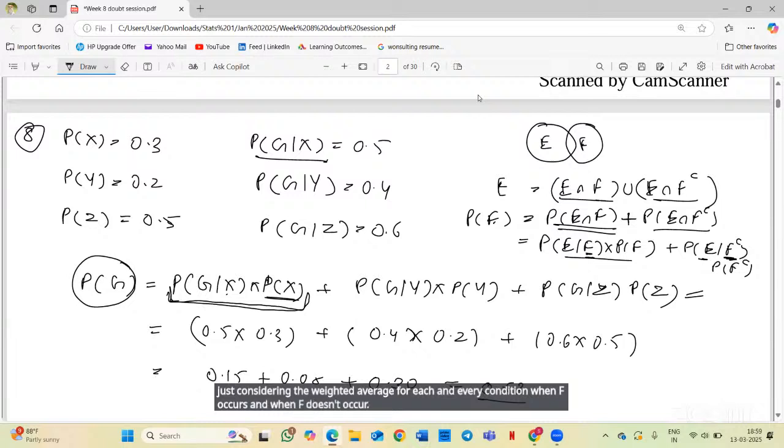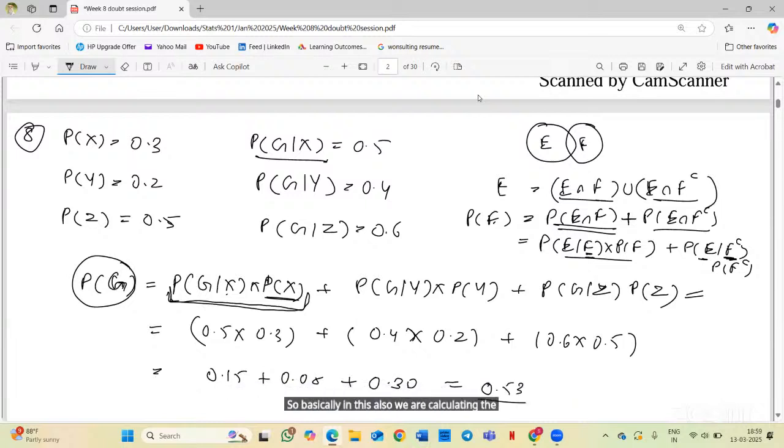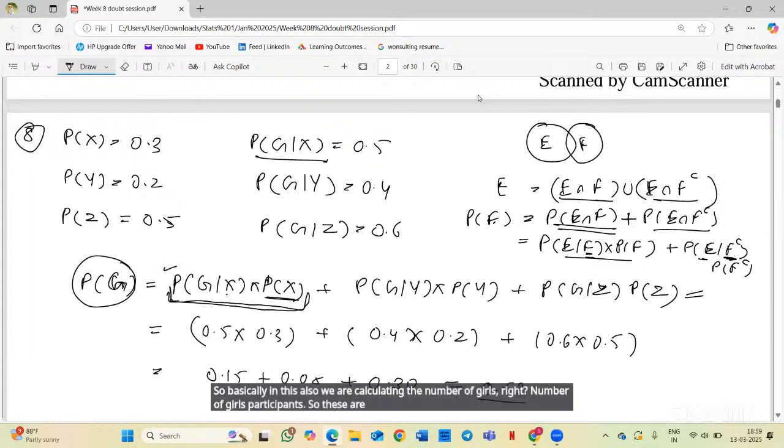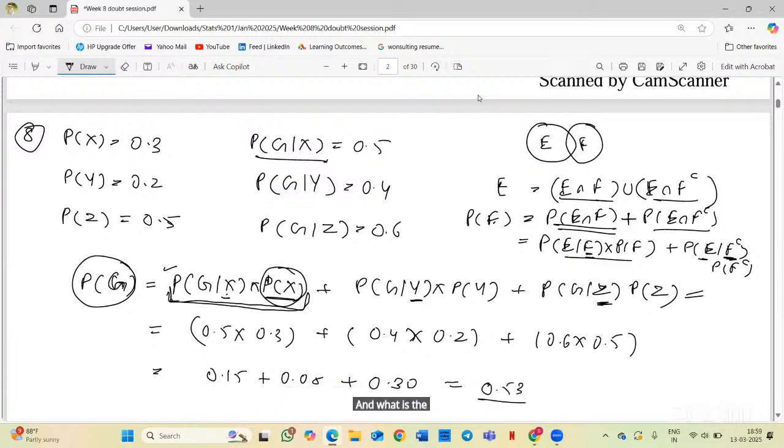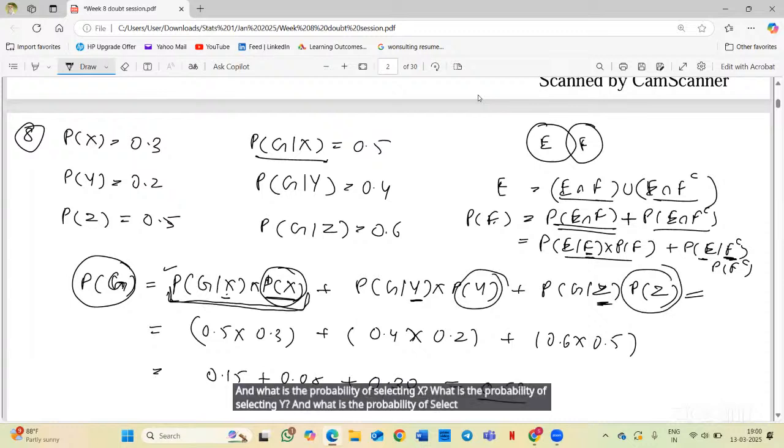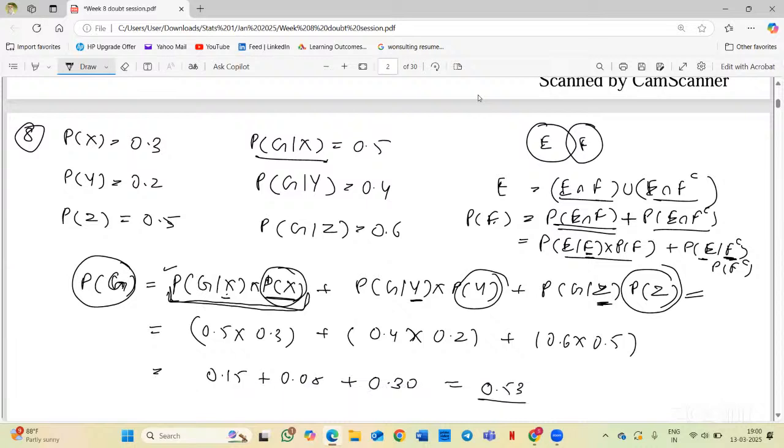So in this also we are calculating the number of girl participants. These are the different conditions when they are selected from X, from Y, from Z. And what is the probability of selecting X, of selecting Y, and of selecting Z? Now you got it? Sure?